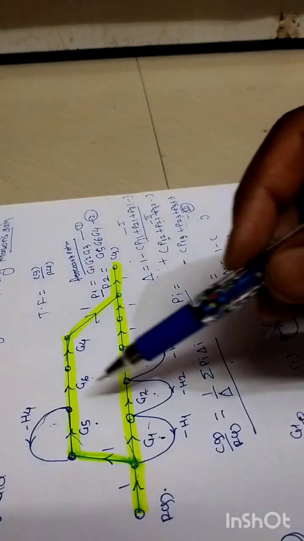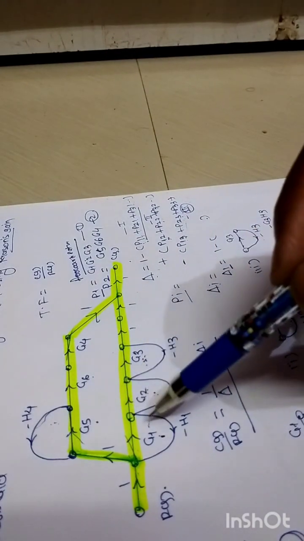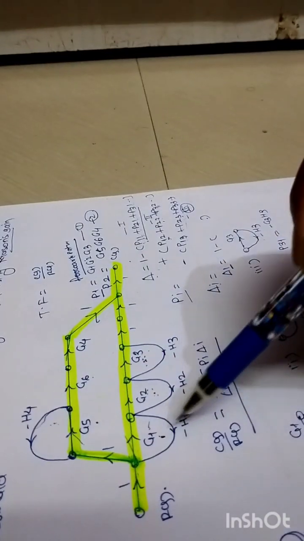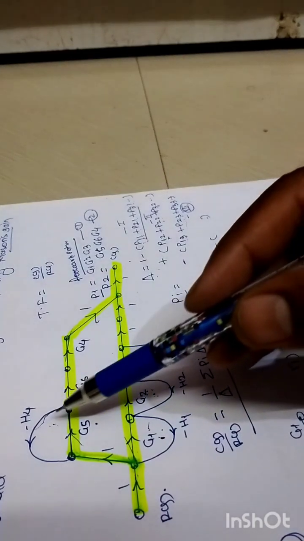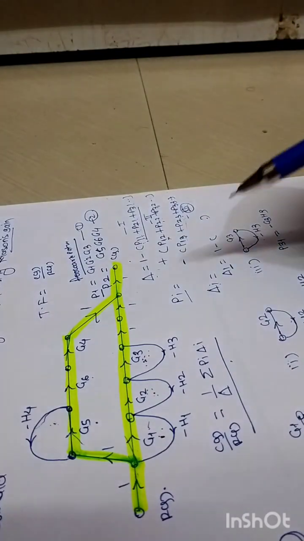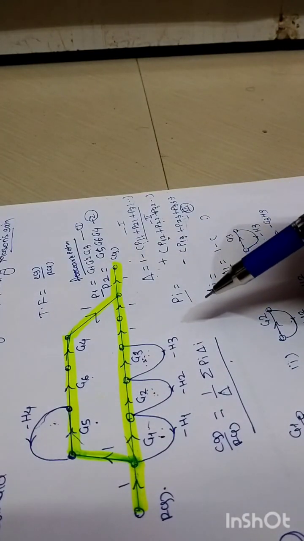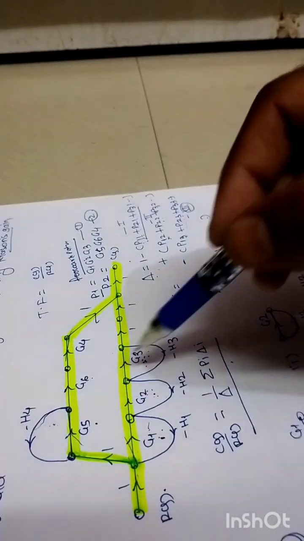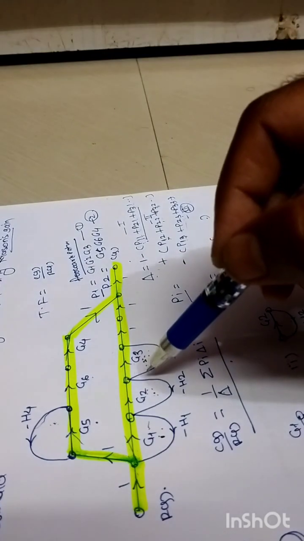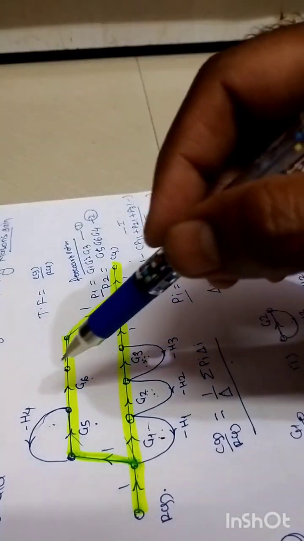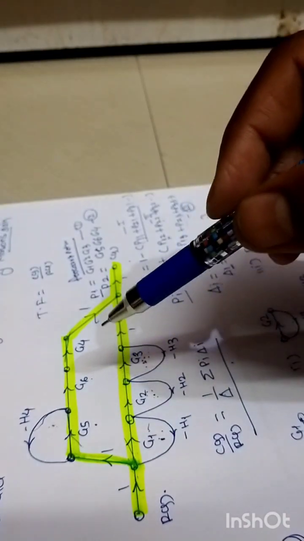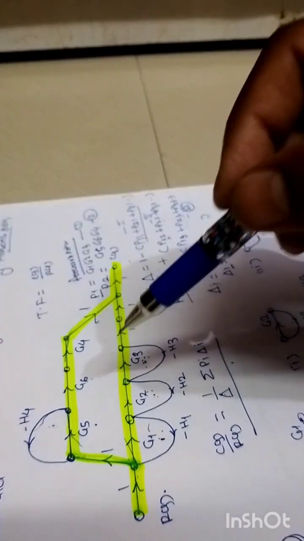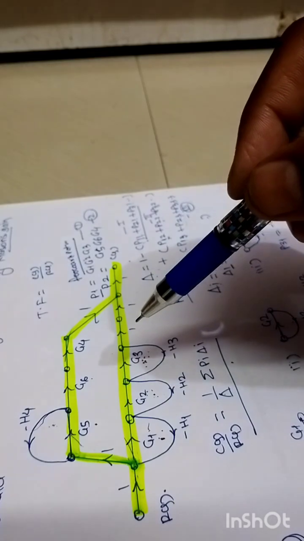loops, right? So out of these four loops, 1, 2, 3, and 4, when we compare first loop, third loop, and fourth loop, at that time we will come to know that these three loops are neither sharing the similar node nor similar elements. Means these three loops fall under the category of three non-touching loops, right?